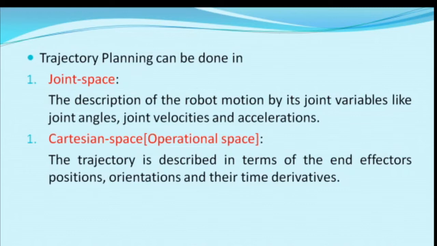If the trajectory is described in terms of end effector position and orientation, then we say that the planning is done in Cartesian space or operational space. So depending on which variable you select, there are two categories.